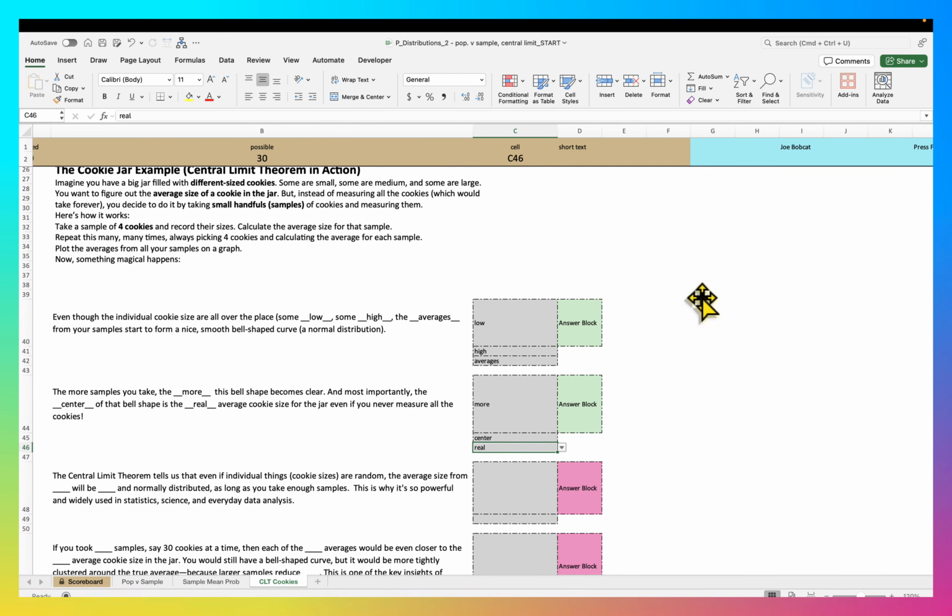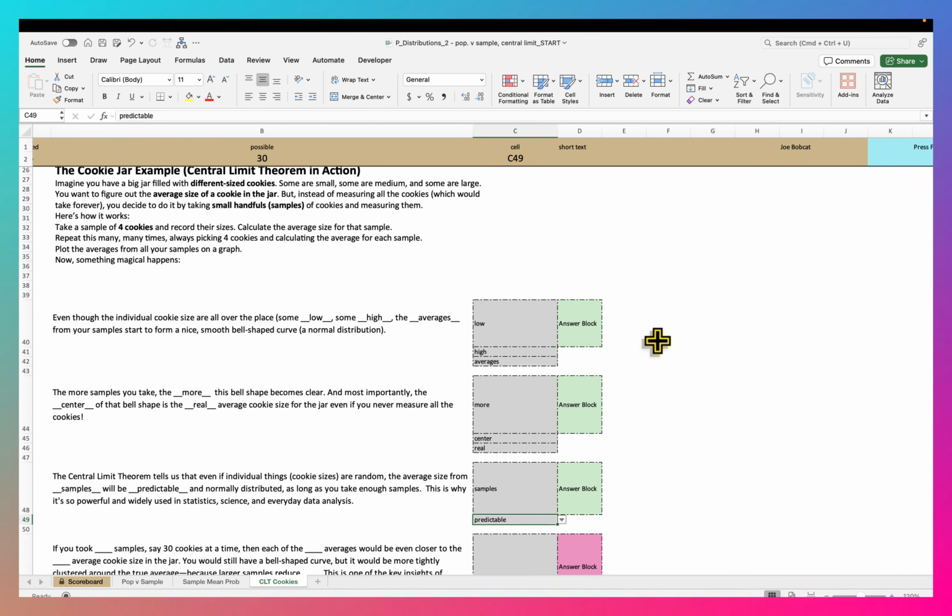The central limit theorem tells us that even if individual things, cookie sizes, are random, the average size from samples will be predictable and normally distributed as long as you take enough samples. This is why it's so powerful and widely used in statistics, science, and everyday data analysis.